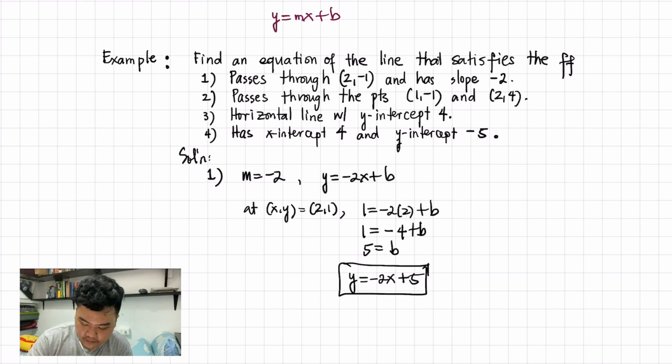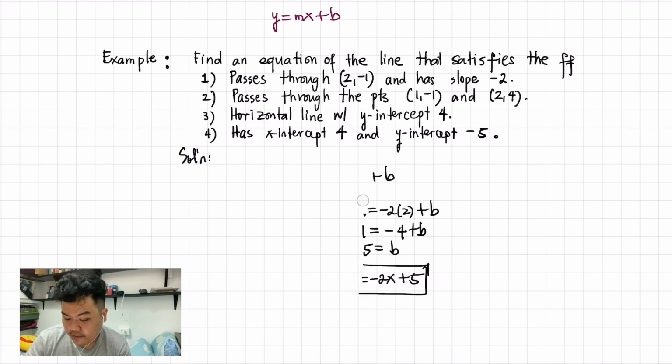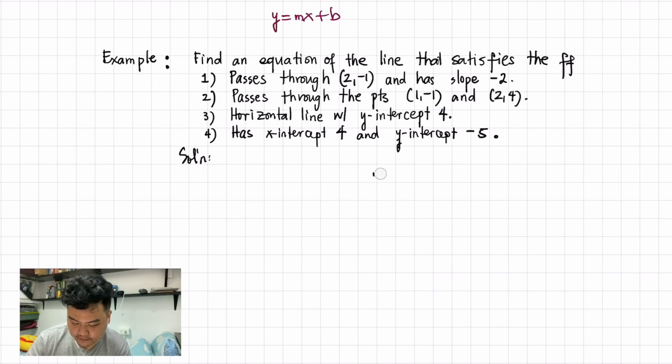Okay. For number 2, I need space again. Okay, so these 2 points must satisfy this equation because these 2 points are on this line. Okay, so let us substitute these 2 points to our desired form.